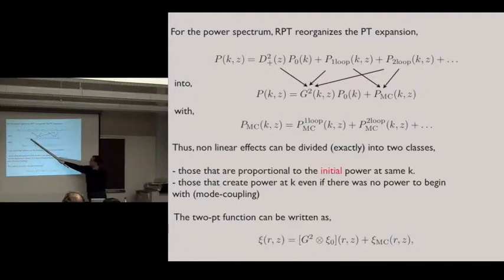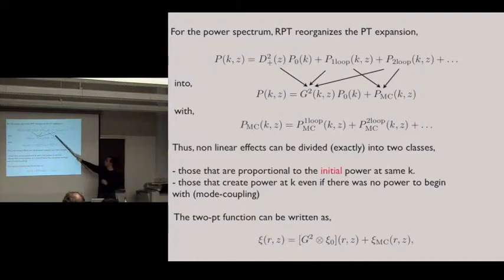So it tells you how much of the initial power is related to the power that you had at that particular scale. And this thing is what we call the mode coupling power spectrum, which generates from interactions of modes, can generate power at higher k's than you had initially. Okay? And so this guy we had resummated to all orders, but this one, what remains is a perturbation theory for this quantity now.